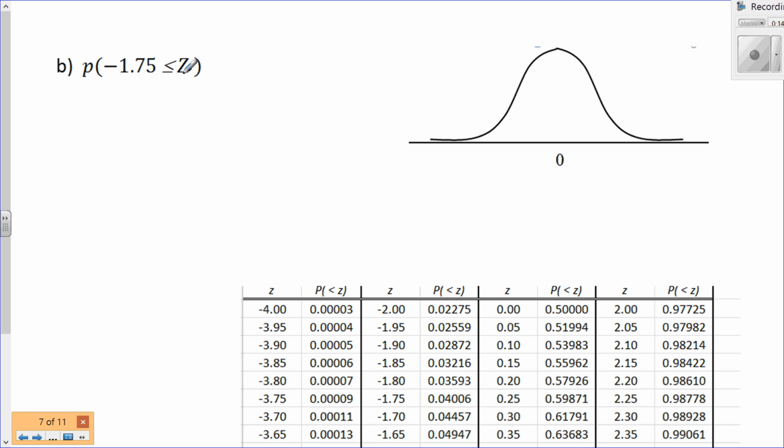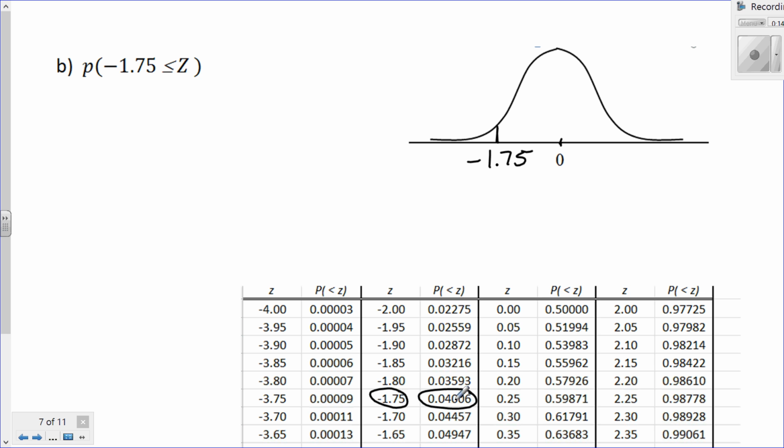Okay, so this one, I've turned the inequality around. This time I want the probability of Z being greater than negative 1.75. So think of this as a number line. Zero's here in the middle, negative numbers to the left, positive numbers to the right. So negative 1.75, well, around there. And then when I go to my table and look for where Z is negative 1.75, the probability is very small.